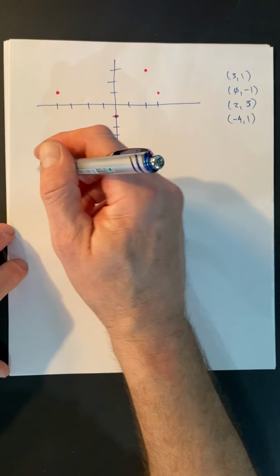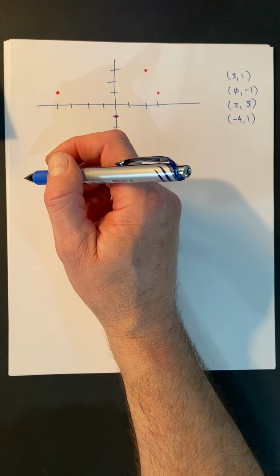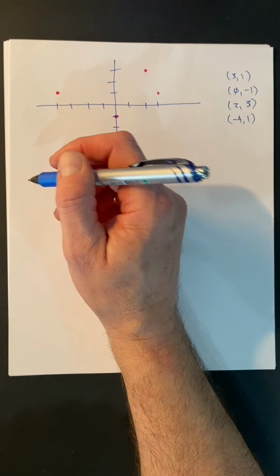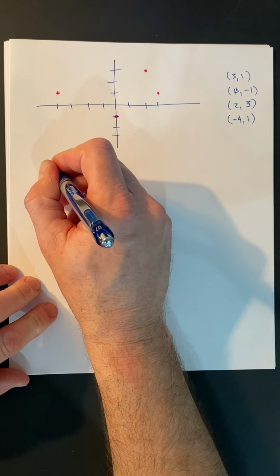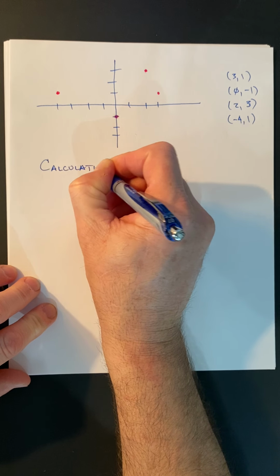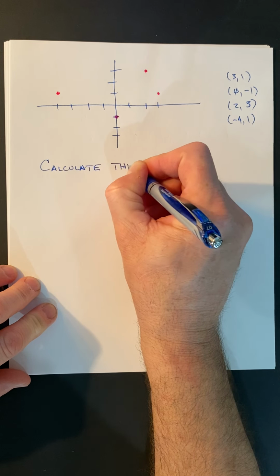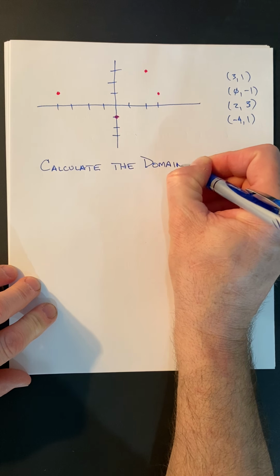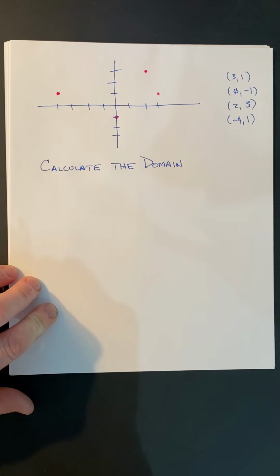Okay, so that gets us through domains and ranges, but we have to be able to calculate a domain, okay? So how do we do that? Because remember, the domain is the set of valid inputs.